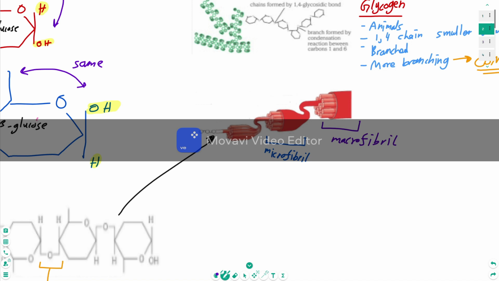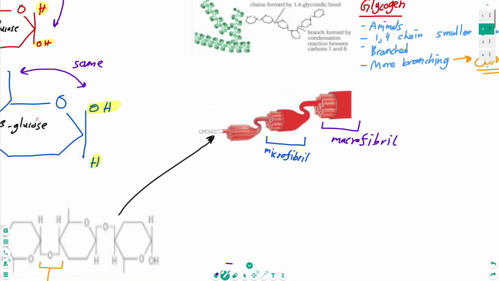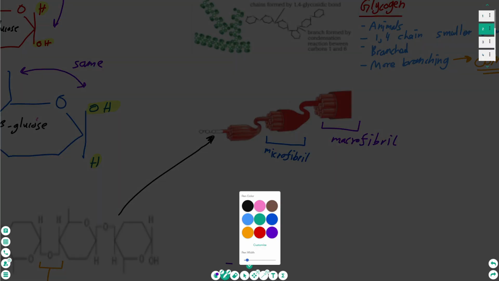And because of this, cellulose has a very high tensile strength, and these microfibers are able to crisscross with one another.